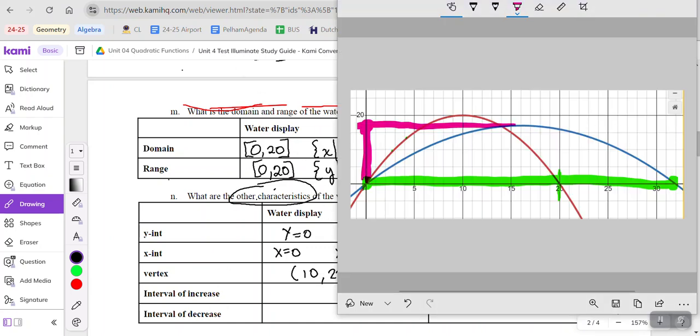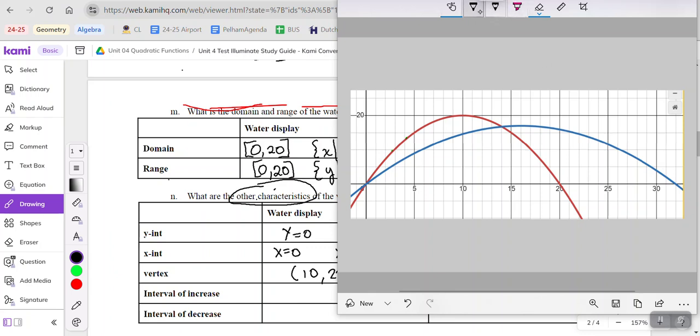So when we look at it, cleaning up, it's easier to write on the screenshot than it is to write it on decimals. So when we look at it, this function is increasing. I'm looking at the red one from here. It's an increase.